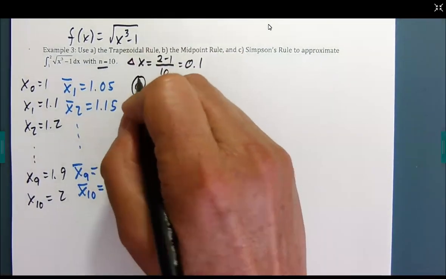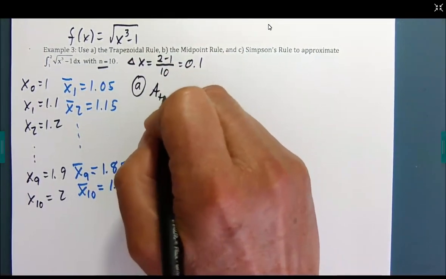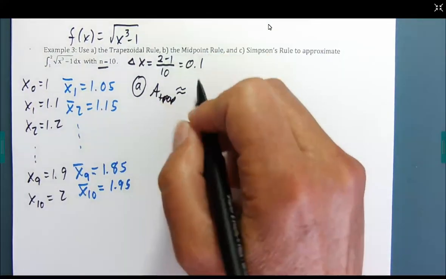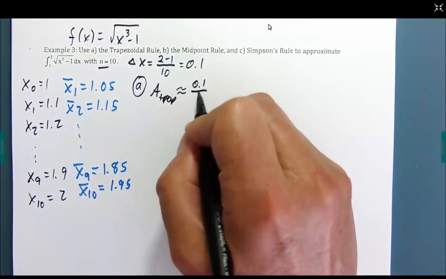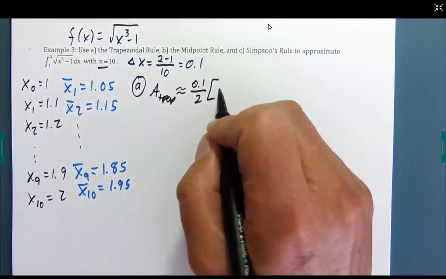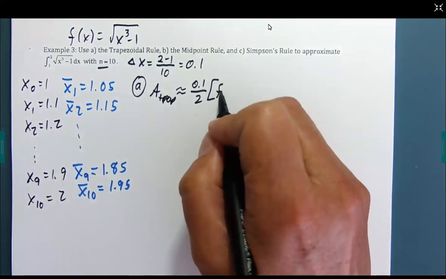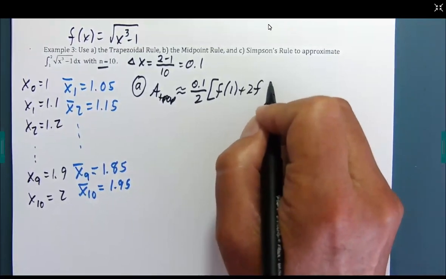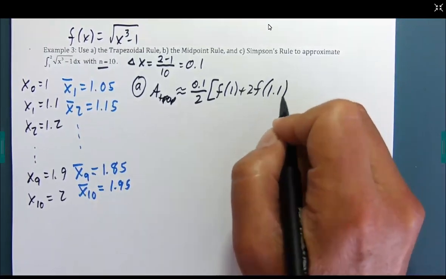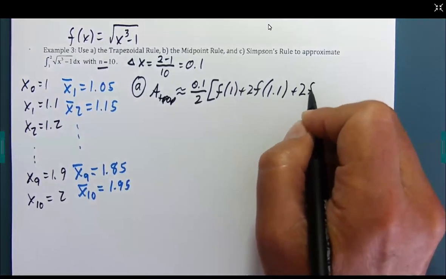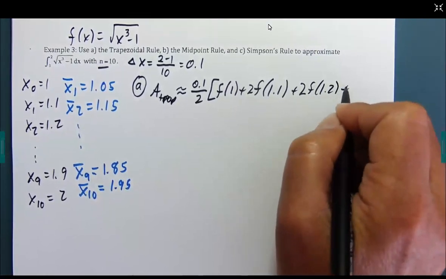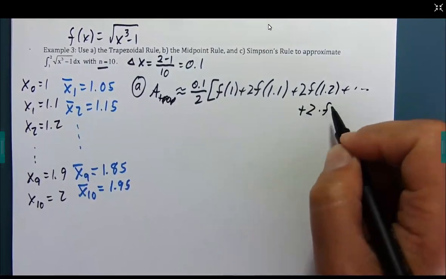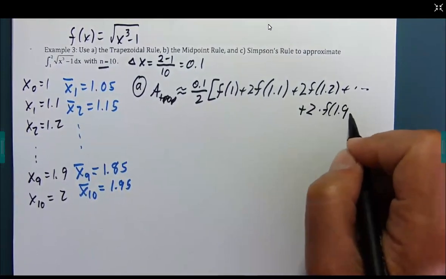So part A, area from the trapezoidal is going to be 0.1 divided by 2, then f of 1 plus 2 times f of 1.1 plus 2 times f of 1.2, and so on until we get to 2 times f of 1.9.